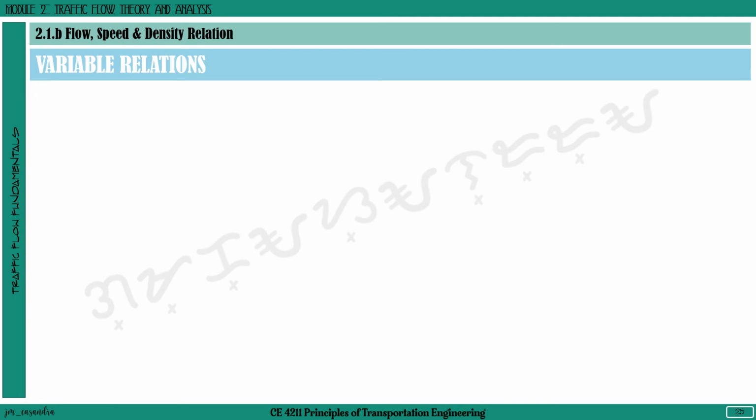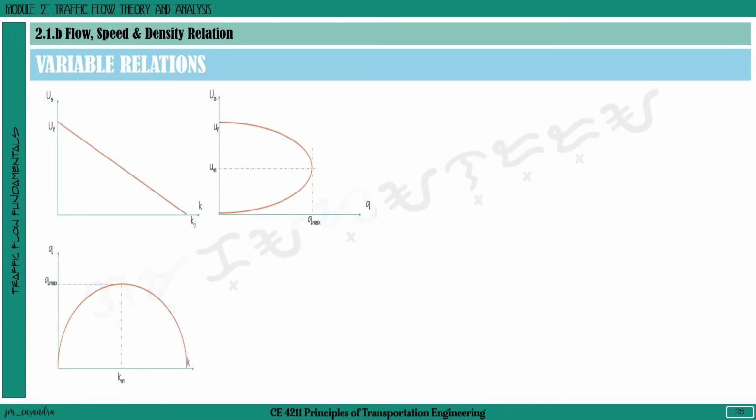So if we're going to compare now the three graphs that would define the relationships of the three variables side by side, okay, so we'll have this arrangement. As you can see, we have your Kj for the speed-density and the volume-density relation, and we have here your U sub F for the speed-density and the speed-volume relation.